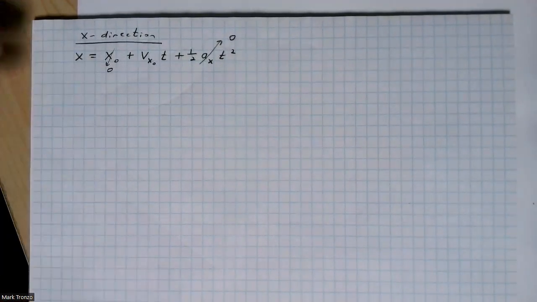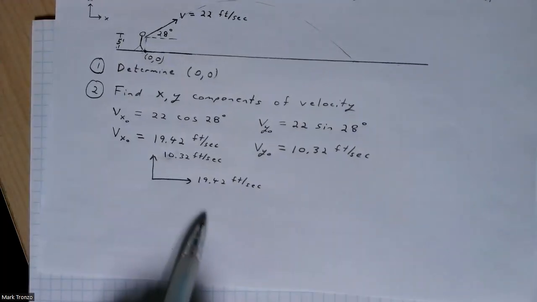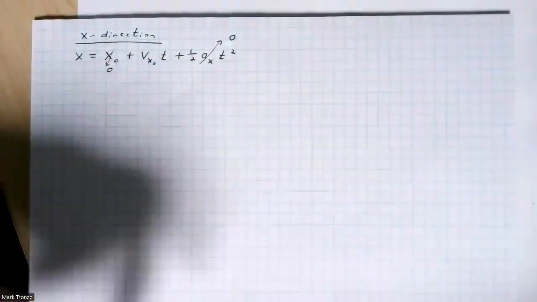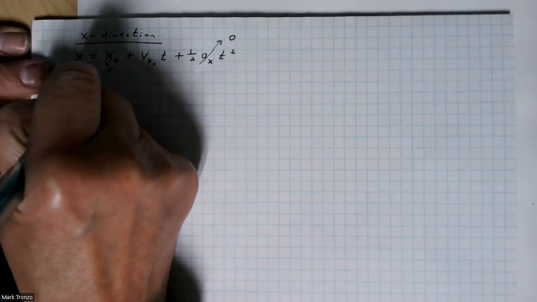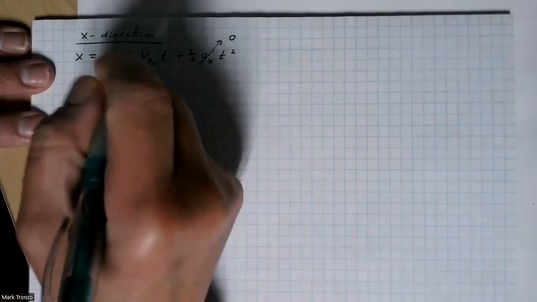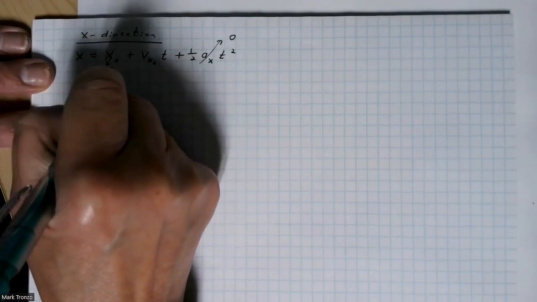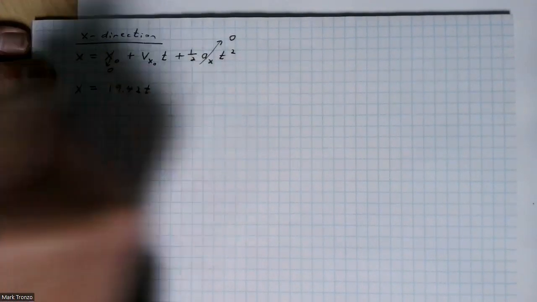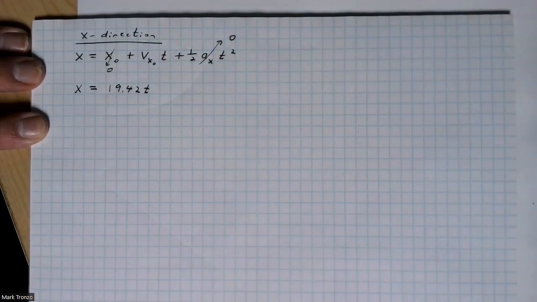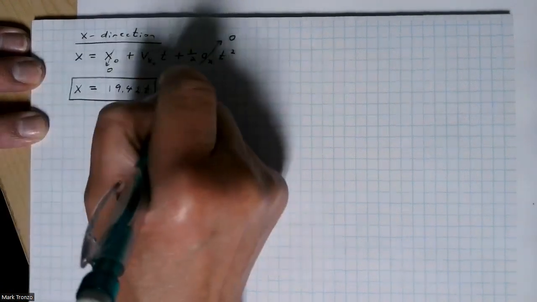And the x component of the initial velocity is 19.42. So our equation for motion in the x direction is 0 plus 19.42 t. We can call this equation 1.